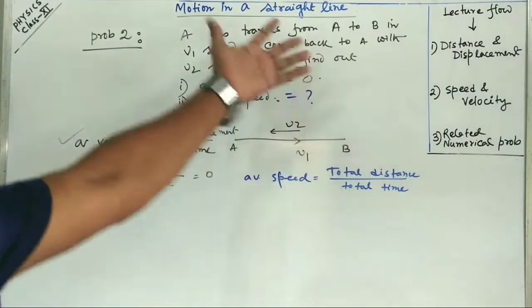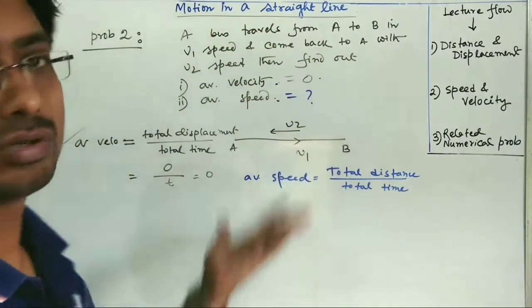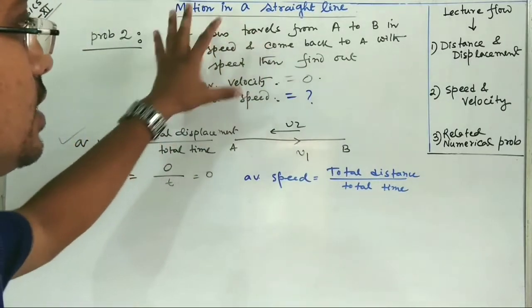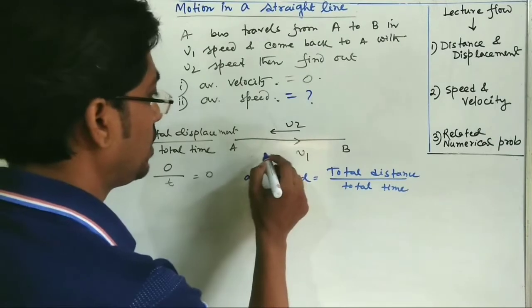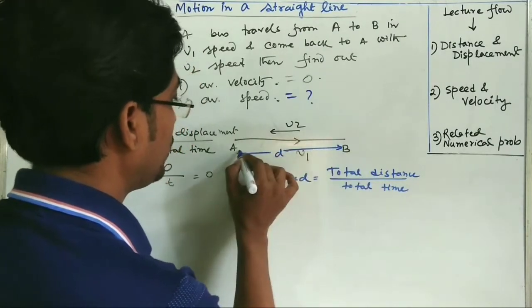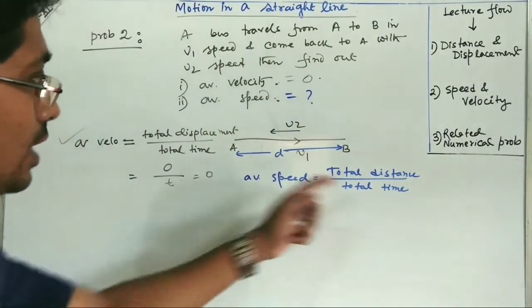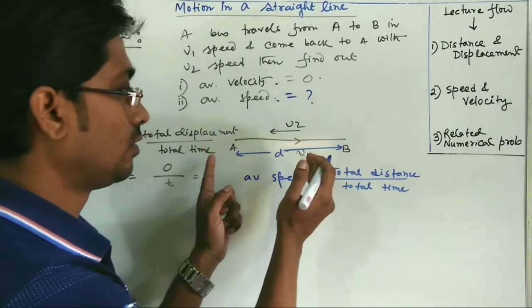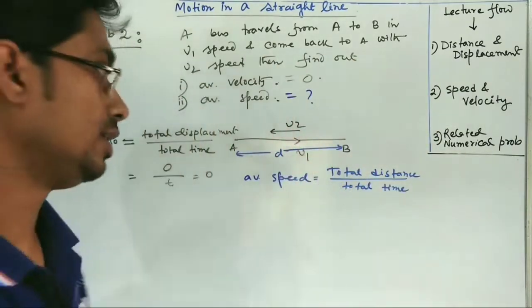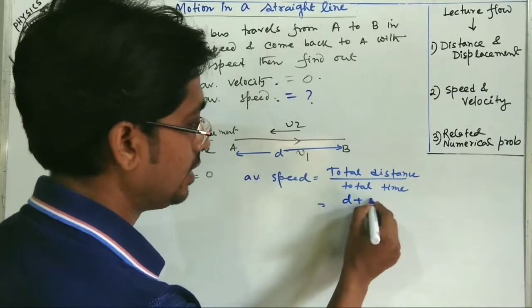Total distance is not given in the question, total time is also not given in the question. Then how do you find it out? So consider the distance from A to B is D. So the total distance will be D for going from A to B, and from B to A it will also be D. So total distance will be D plus D, which is 2D.